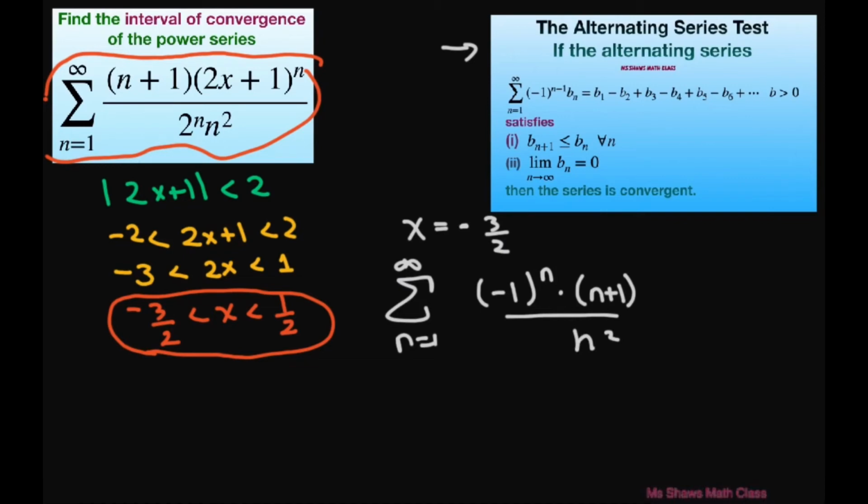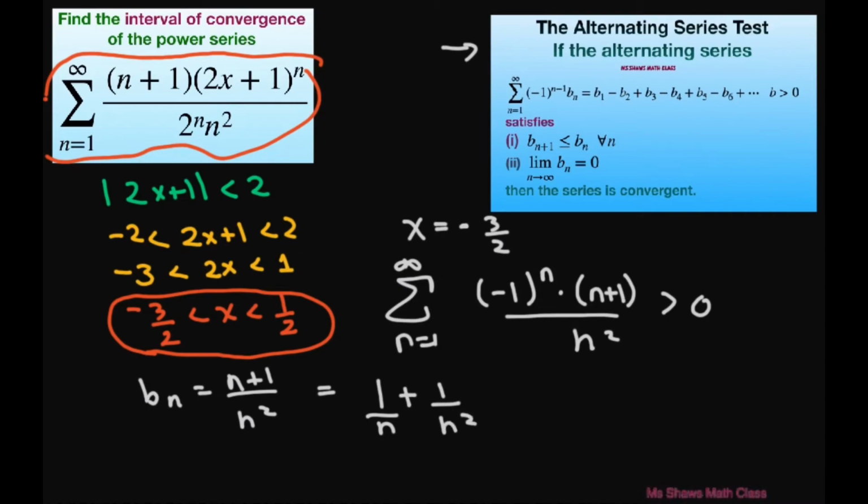Now, looking at the alternating series test, it's going to be convergent because this is positive. And then if we let b sub n equal n plus 1 divided by n squared, this is the same as 1 divided by n plus 1 divided by n squared.